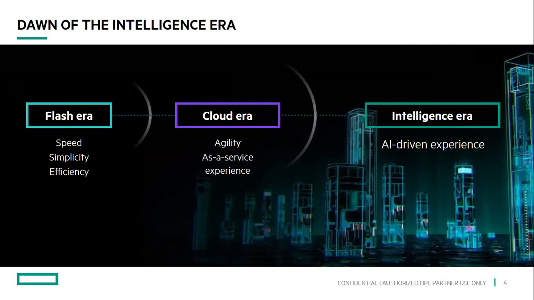I want something which is already there, and I just want to host my applications over there and I'm good to go. This is the power of agility we are talking about. I think I need as-a-service options. That means I'm no longer in ownership of maintaining individual support contracts and all. I just want a service, and when I'm done with it, I can just remove that service. So in the cloud era, we are talking about agility and as-a-service experience.